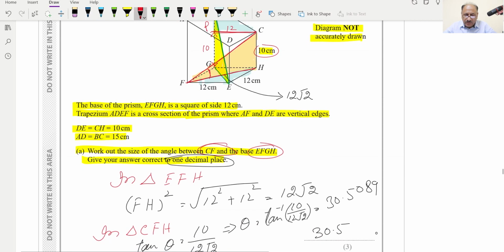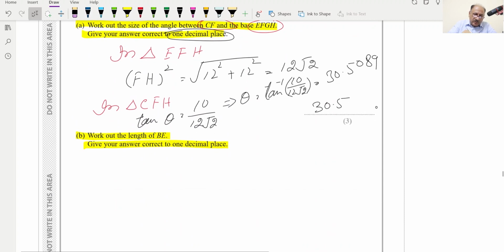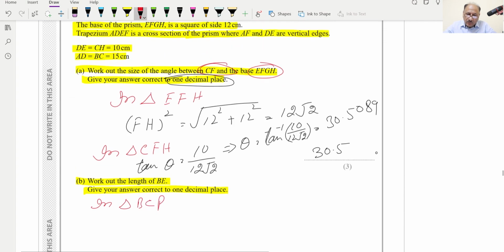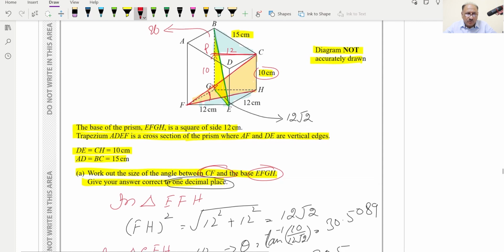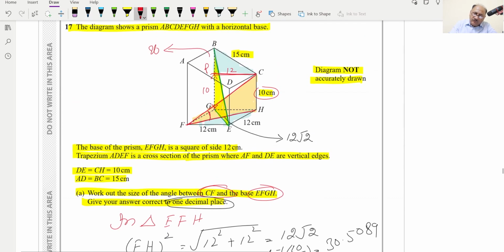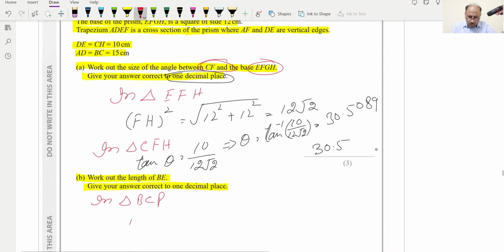So in triangle BCP, basically we don't require angle, so we will find BP, which is by Pythagoras theorem. So we can write 15 square will be equal to square of other two sides. I'm applying Pythagoras theorem. So 15 square will be equal to x squared plus 12 squared, and x value we can find.